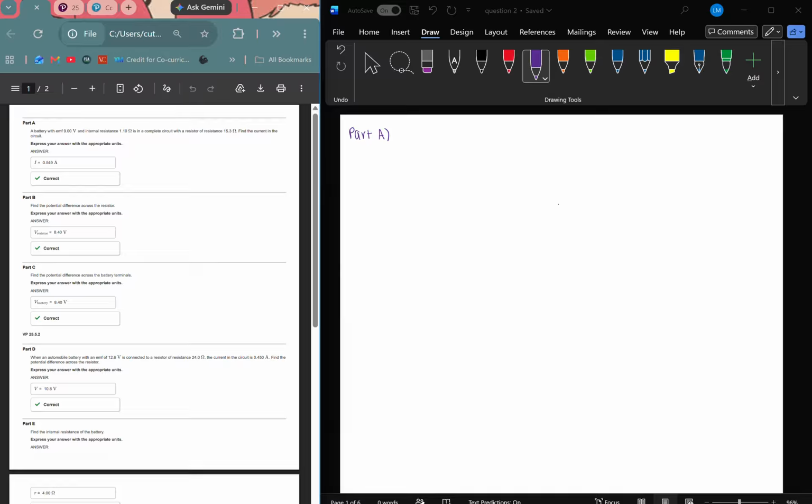So I'm gonna start off by drawing my circuit.